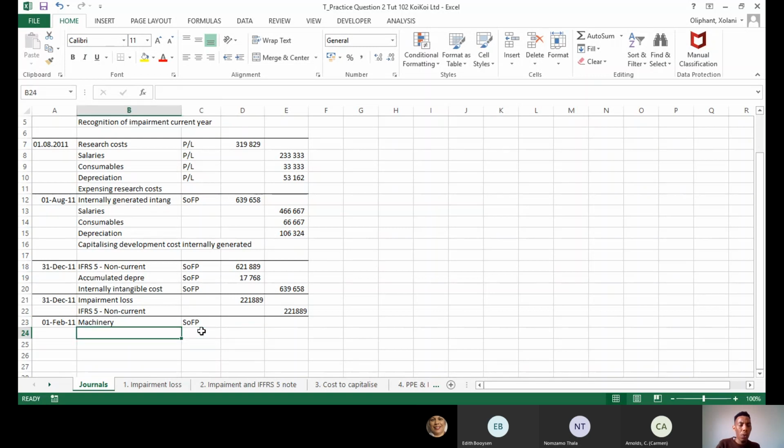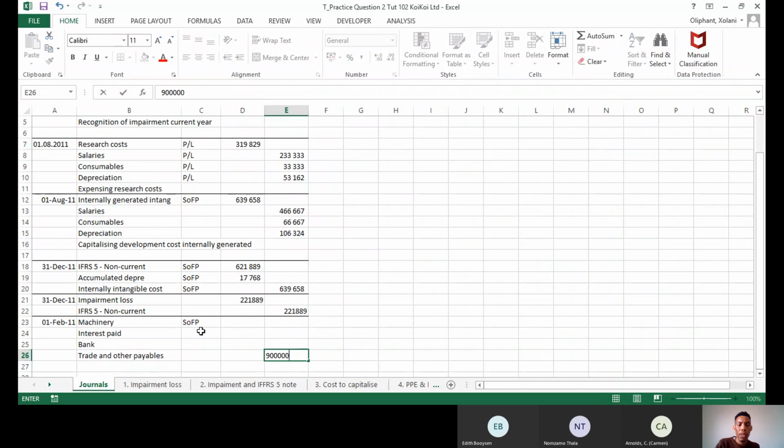And then there was an interest paid portion, and I think there was also the bank in between in your SFP, and then trade and other payables, because remember that 900,000 was a creditor that you need to pay.